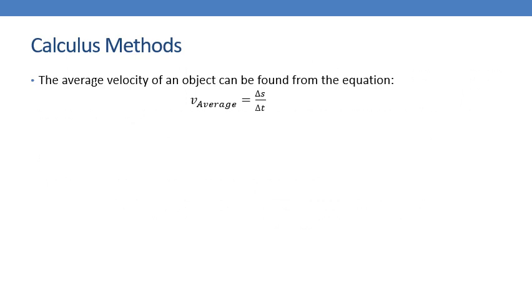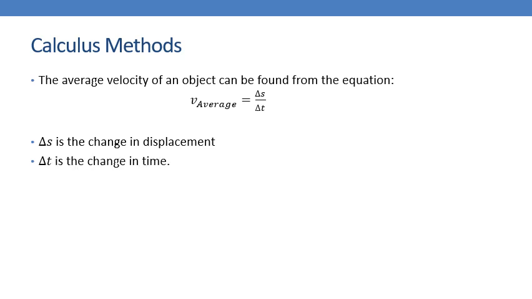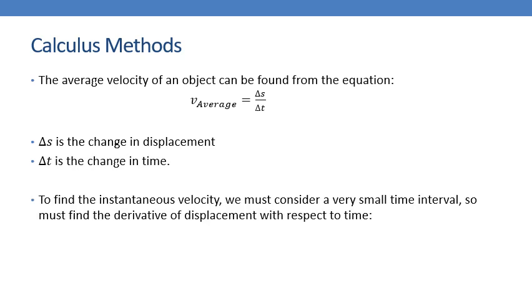The average velocity can be found by the change in displacement divided by the change in time. So we're using delta here. Delta means change in, and it's used where you've got a reasonably large change in displacement. To find it instantaneously, we consider a much smaller time interval, and so we need to look at the derivative of the displacement.